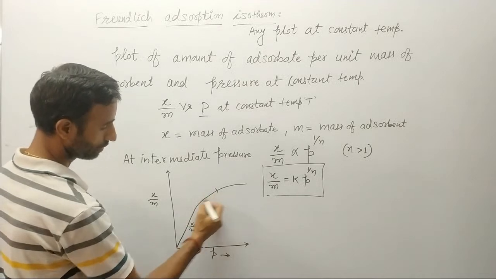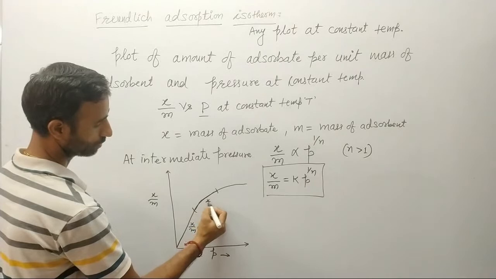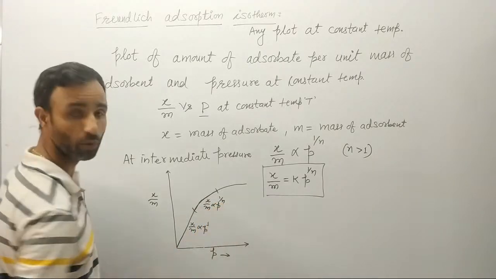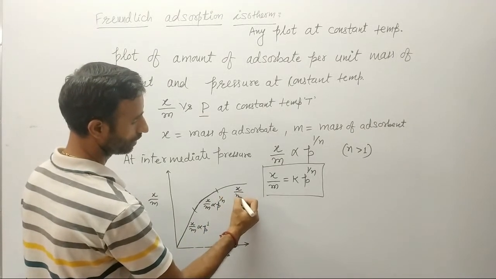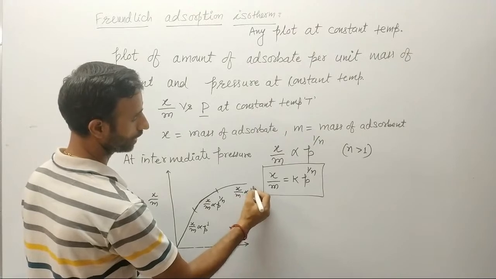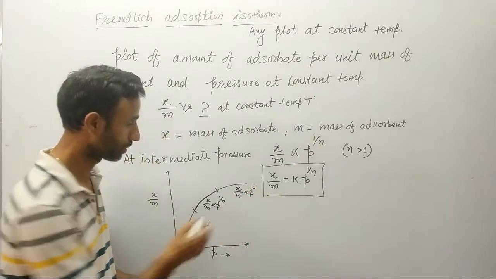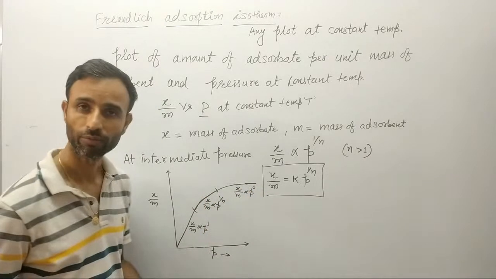At intermediate pressure, x upon m is proportional to p raised to power 1 upon n, and at very high pressure, x upon m is proportional to p raised to power 0, means it is independent of pressure.